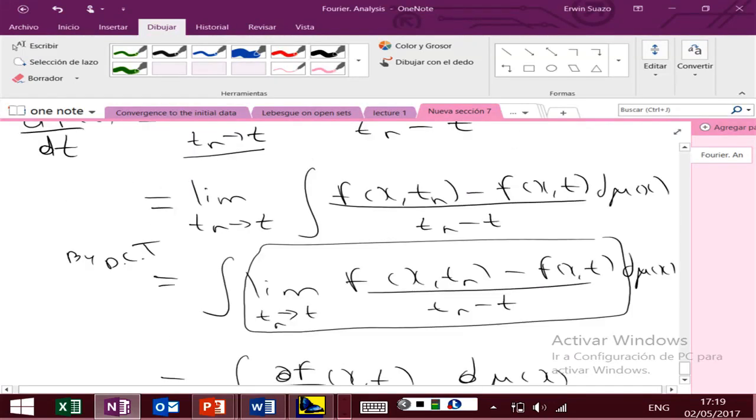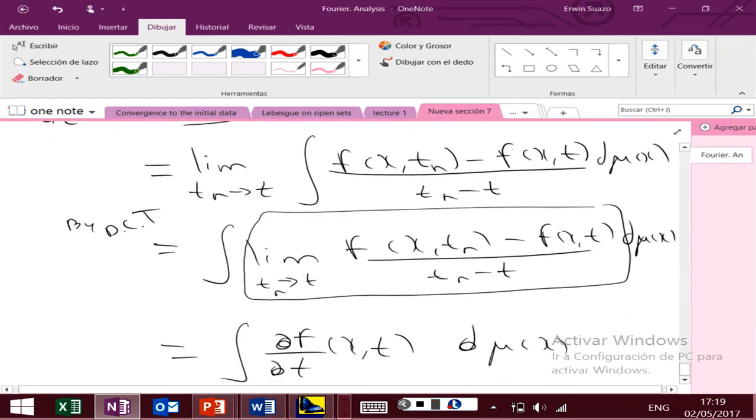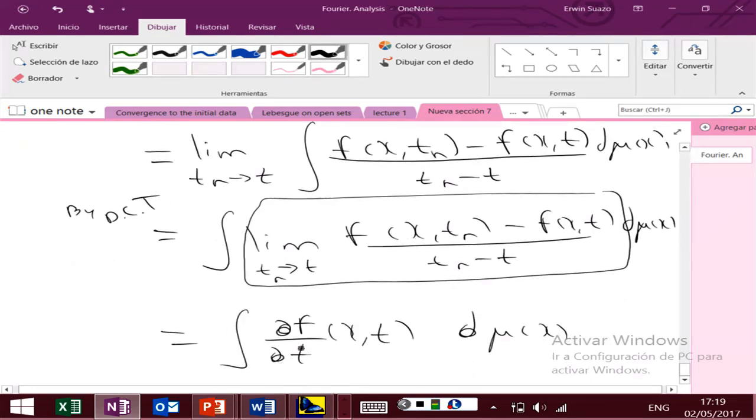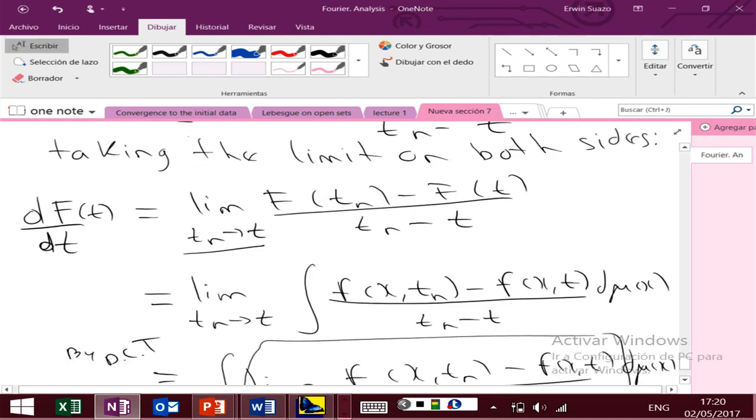So in conclusion, you have the derivative inside of f. But remember, this guy was, by definition, the derivative with respect to time of the integral of f of x t d mu of x.